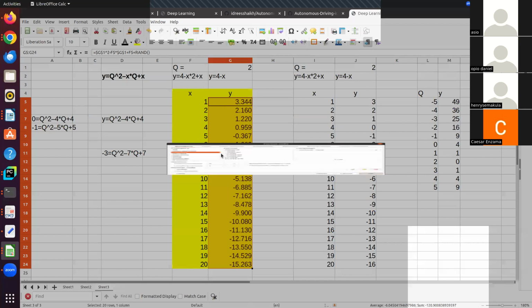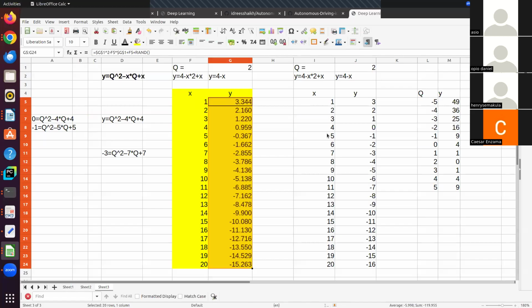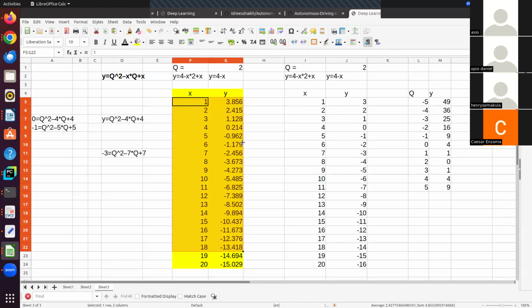In real life, you know, you take measurements, okay? And the numbers won't be perfect, so I'll just multiply by a small number. The measurement will not be that bad as I did it here.